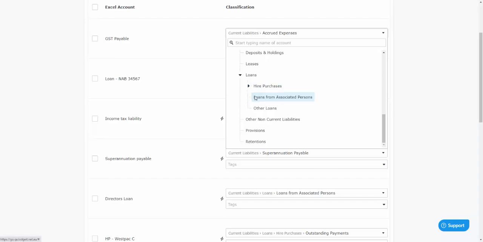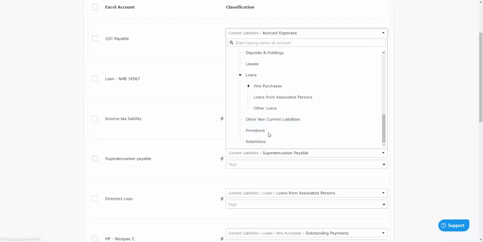Loans from associated persons, the reason that we break out loans from associated persons from other loans is because there could be Division 7A complexities with loans in relation to associated persons, associated companies. Any sort of other, you'll notice in all our sections we always have an other. So if you can't categorize it, just stick it in there.